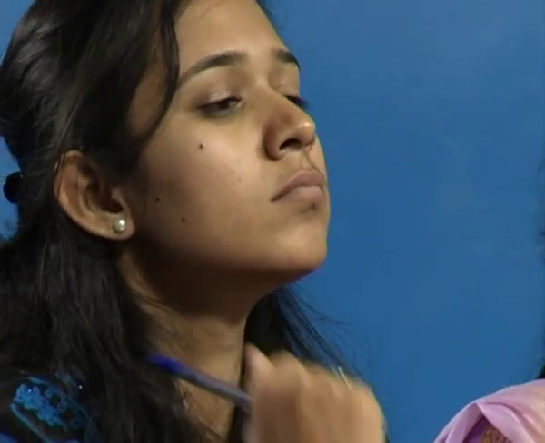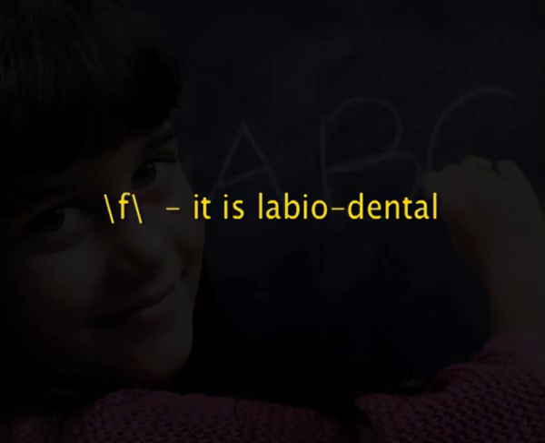The languages that we speak might share a set of symbols, a set of speech sounds, with other languages, like the English sound f. If we pronounce the English sound f, it is labiodental. The lower lip touches the upper teeth.